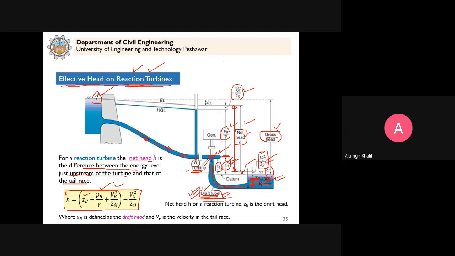That's why the draft tube is an integral part of the reaction turbine, and because this is considered a loss, so minus VC square by 2g. But it is written in our textbook. Normally, this is very small and can be neglected. So this is the head that is available to the reaction turbine.